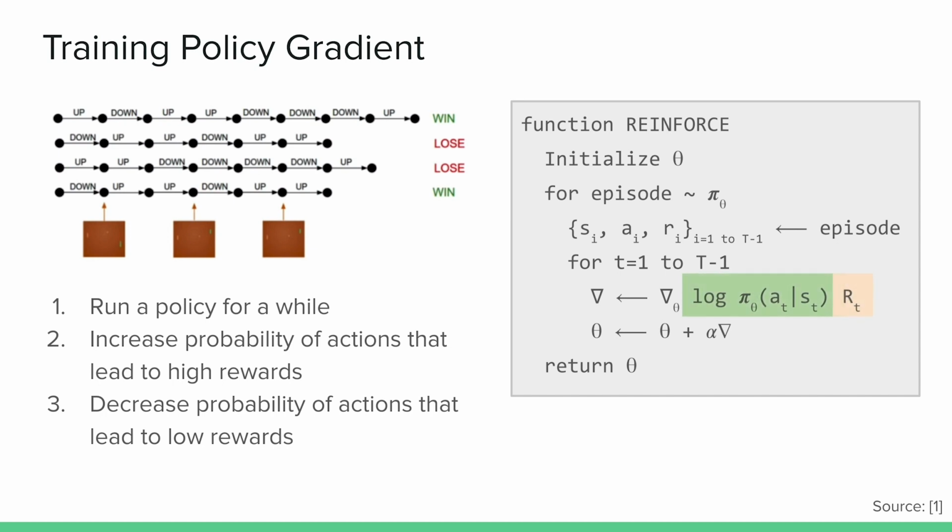We compute the gradient by multiplying the log likelihood of a certain action in a particular state, the green part here, with the expected discounted reward from that point in time. That is our gradient, and we can compute the backprop step here. Once we have our gradient, we can update our parameters with it in the same way that we've already seen before.